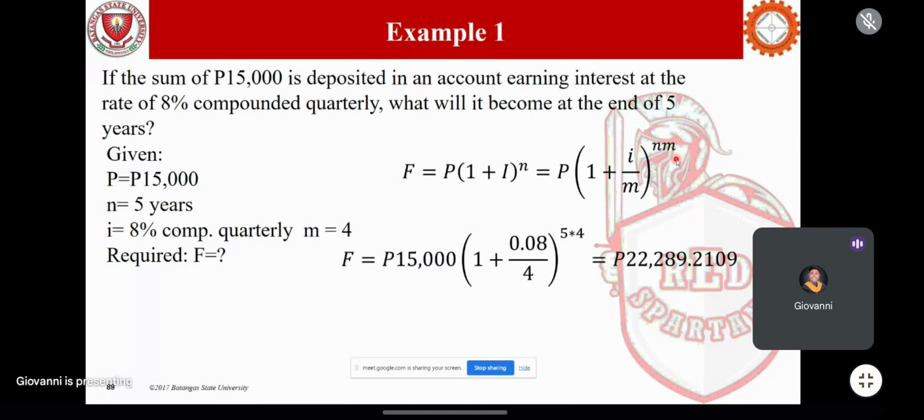So, wag ninyo pong kakalimutan. Okay, so ganito na po yung magiging formula natin. Going forward, I advise you na ganyan na yung gawin yung formula imbes na yung dati, para hindi natin makalimutan si value ng ating F. So F is equals to 15,000 times (1 plus 0.08 over 4) raised to 5 times 4. So total answer natin equals siya sa 22,289.2109.